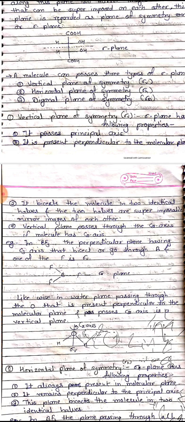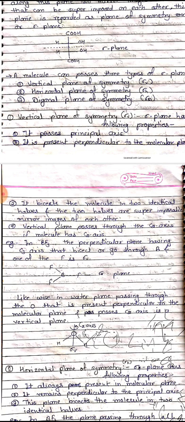Can you imagine the picture of the BF3 molecule? As you know, in the BF3 molecule, boron is present in the center and three fluorines are present in trigonal planar geometry. All the fluorine atoms are present in the same plane along with boron.